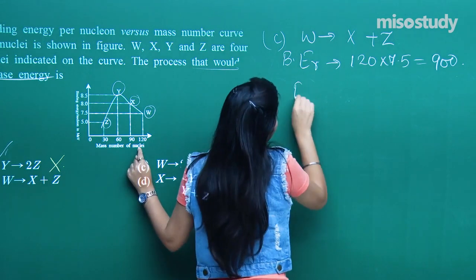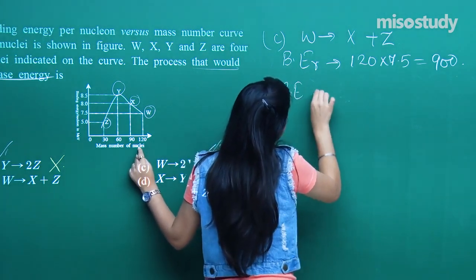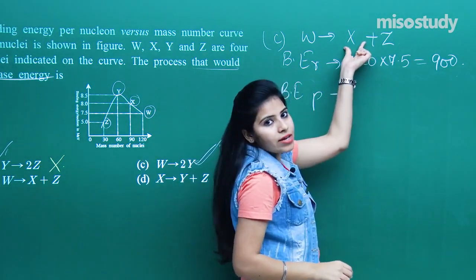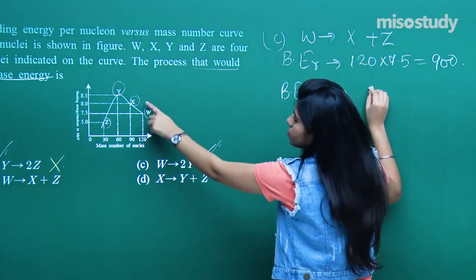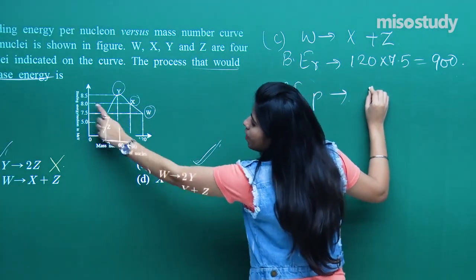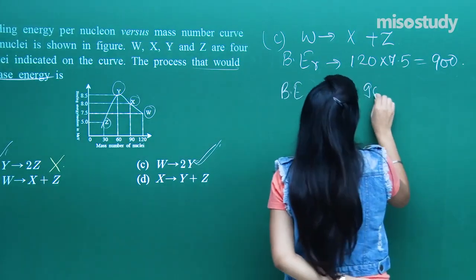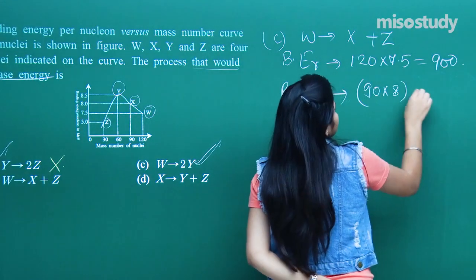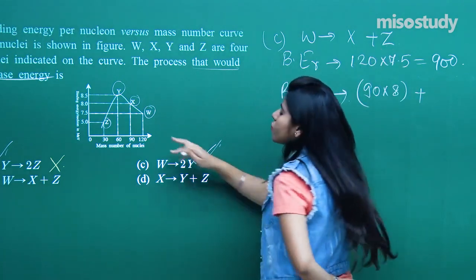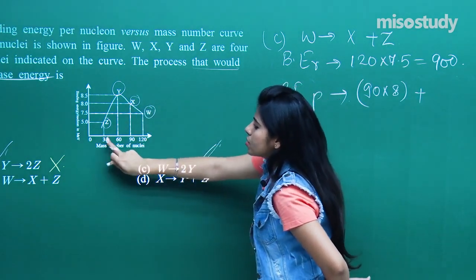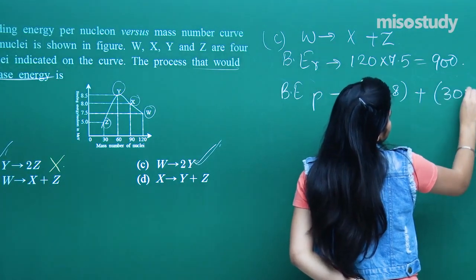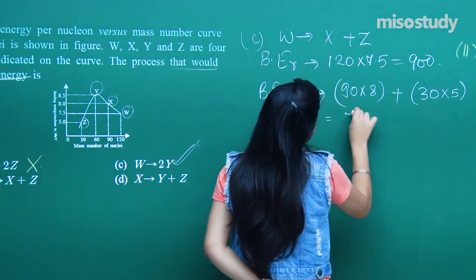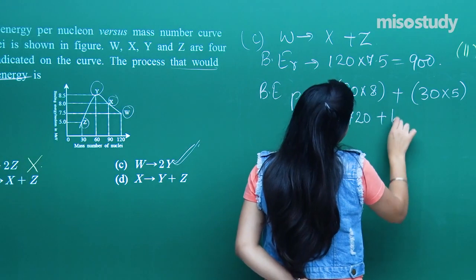Now to find out the binding energy of products, we have to add X plus Z. So binding energy of X will be 90 multiplied by 8, plus Z. What will be the binding energy for Z? 30 multiplied by 5. So that means 720 plus 150.